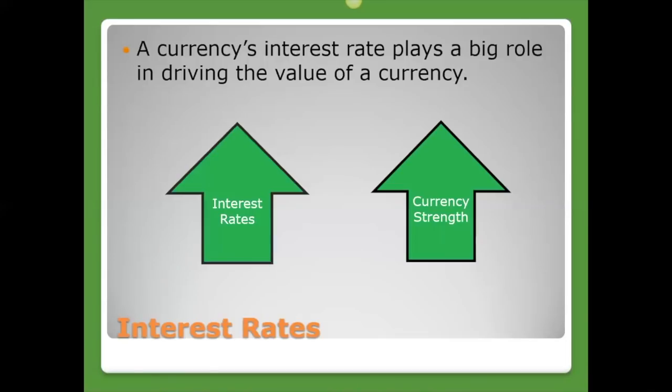Now, there will be times when the central banks will do what's called a dovish rate hike, and we have been seeing examples of that. A dovish rate hike is when the central bank raises rates. However, then they come out and say that their outlook for the economy is not very good. We saw Bank of Canada do that.